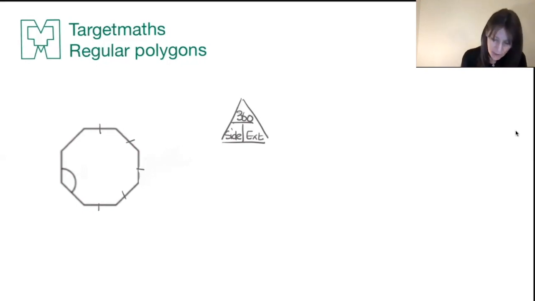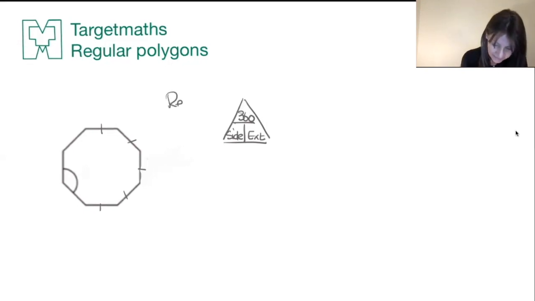So our word regular needs to trigger that. My advice would be to really make that link, writing it out every single time, because actually the formula triangle normally gets you into the problem. Okay. So why is it what it is?